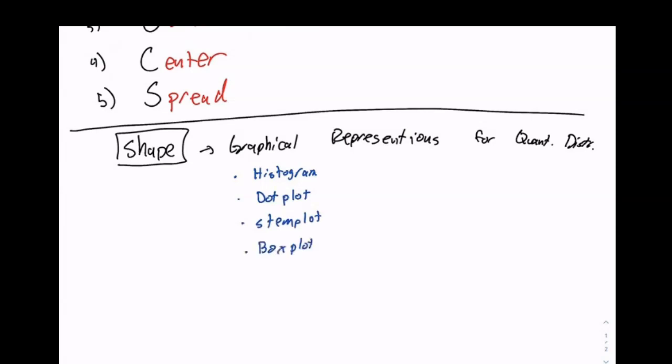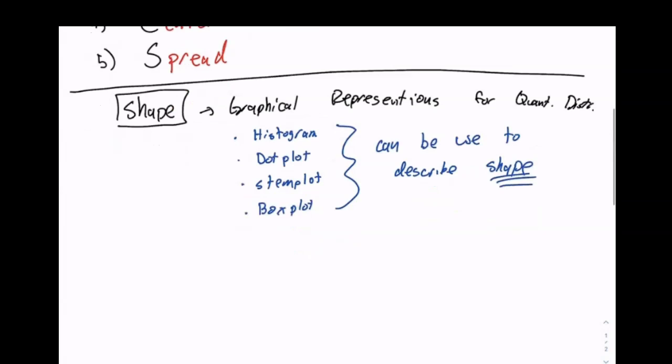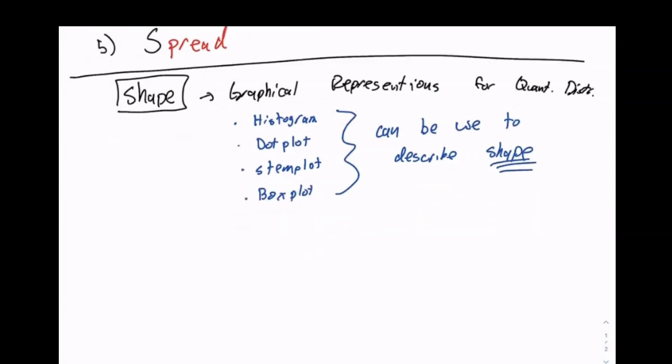For our course, these are the four that we're going to be using, and each of these four can be used to describe shape. There are some limitations for the box plot, though, but when we cover box plot, we'll talk about that.